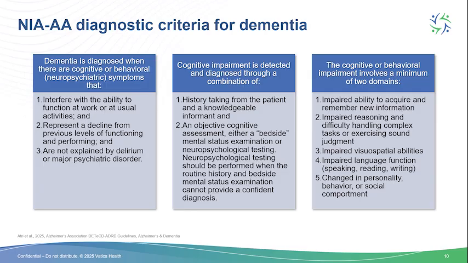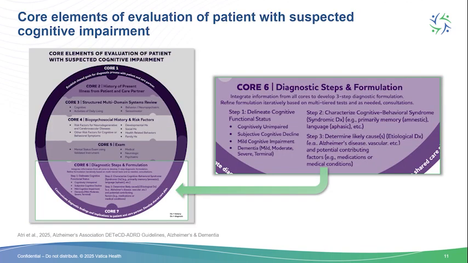One of the most frequent presentations of Alzheimer's is memory impairment. So this framework for the evaluation of patients with cognitive impairment is from the 2024 NIA-AA publication, and it represents the 7 core elements for patients that may be exhibiting signs and symptoms of cognitive impairment due to Alzheimer's disease or related disorders.